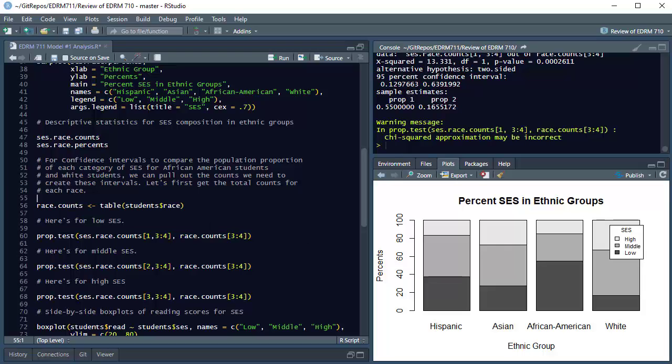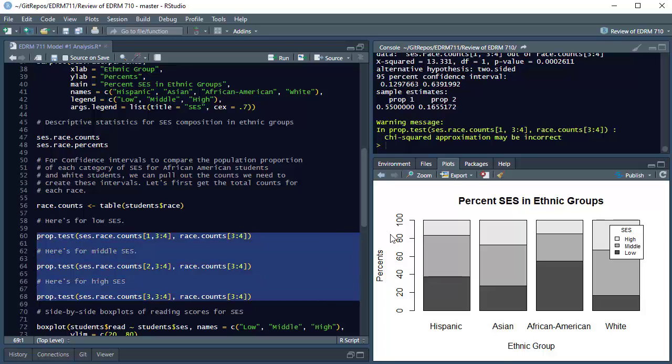Instead of that, you're just going to have low SES public-private, middle SES public-private, high SES public-private. So you'll just have 3 of these. Now I'm just showing you 3 of these here, but I really have a lot more to do for my report because I have 4 ethnic categories. You only have 2 school types.